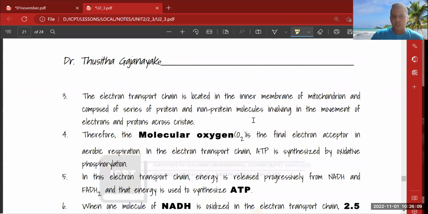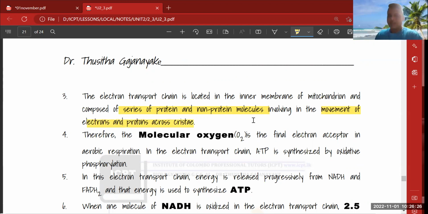The electron transport chain is located in the membrane and composed of a series of protein and non-protein molecules. And they are important for the movement of electrons and protons across the cristae.